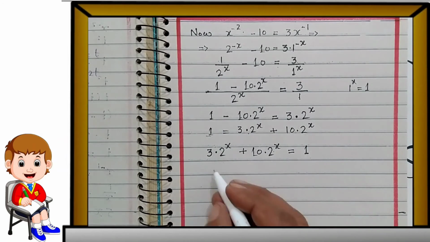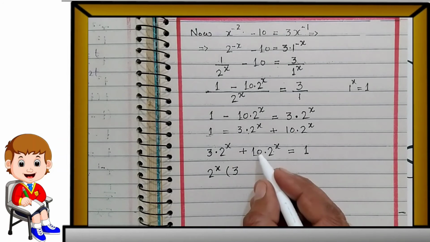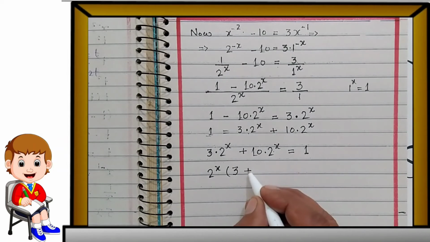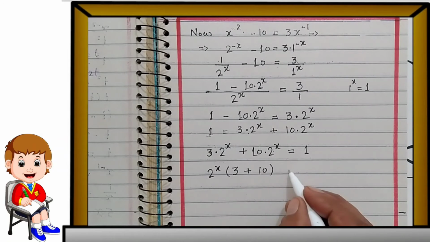Now on the left side we take 2 raised to x as common member. Here 2 raised to x common, here is 3 plus 10, that is equal to 1.